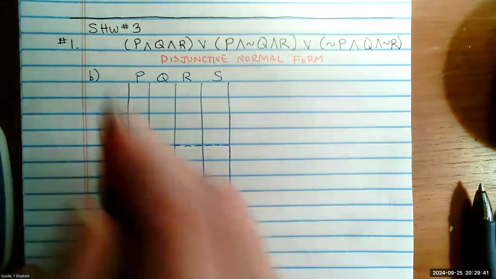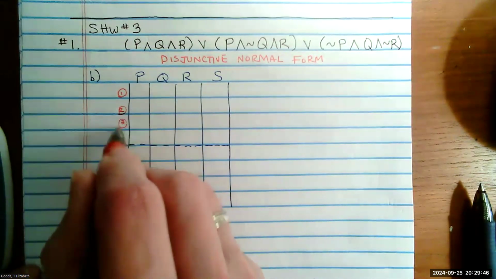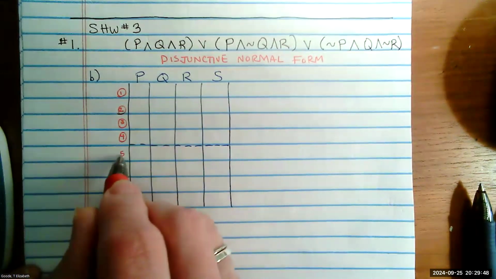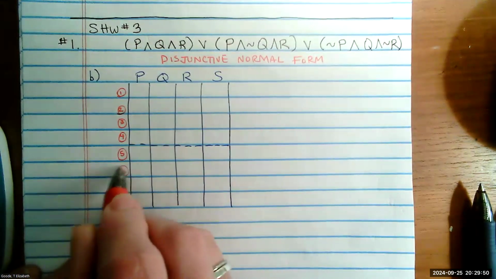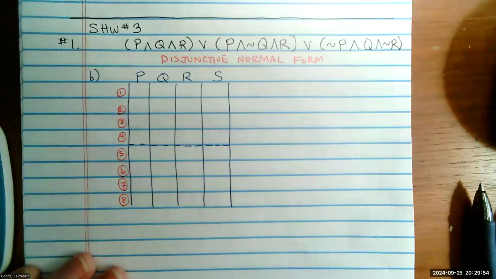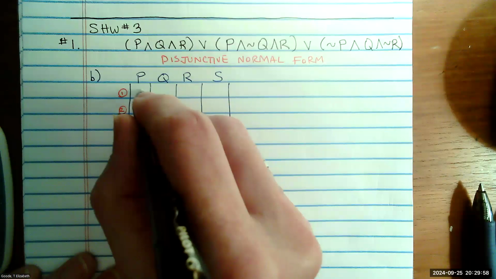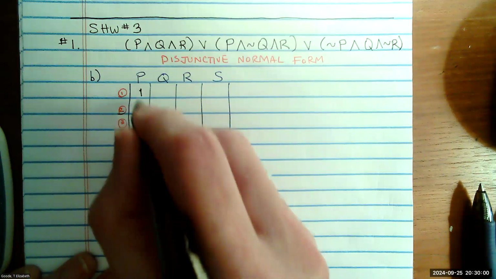But remember, when we set up our IO table in canonical form, we always start with 1s at the top of our inputs. So under P, it's true, true, true, true, false, false, false, false. Well, true is 1.